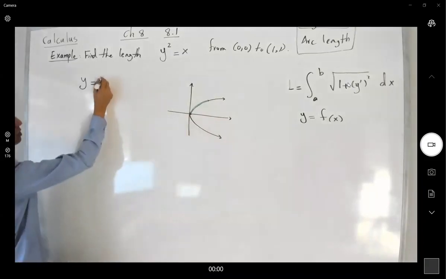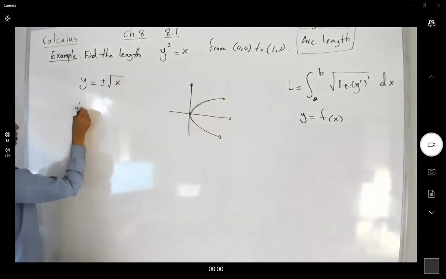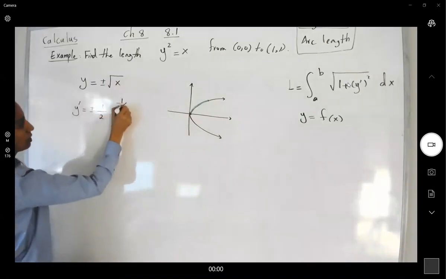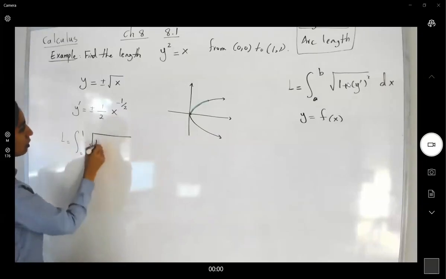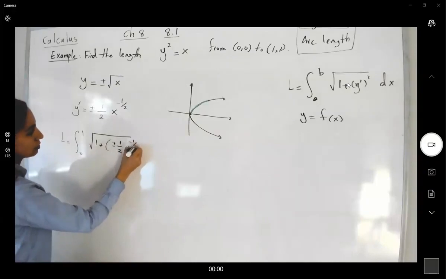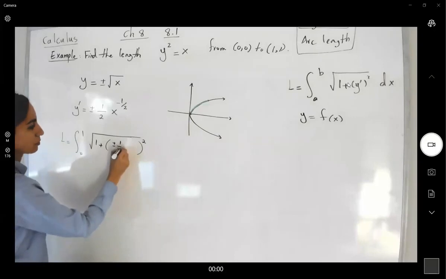So y is equal to plus or minus square root of x, and y prime is equal to plus or minus a half x to the negative a half. Then very well, our L is equal to the integral from 0 to 1 of the square root of 1 plus (plus or minus a half x to the negative a half) squared, or just 1 over the square root of x.